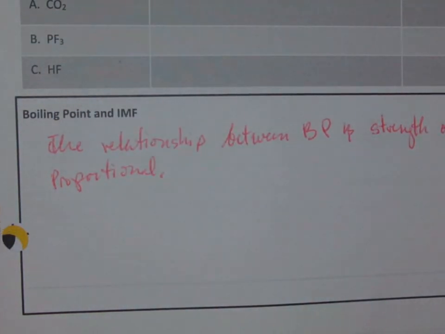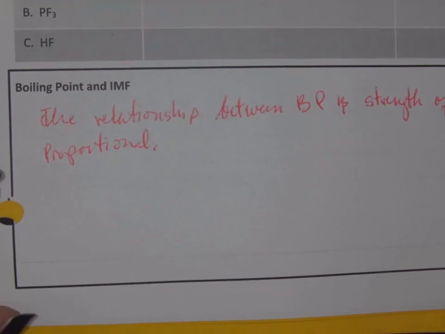You know what directly proportional means. It means that when one is big, the other one's big, and when one is small, the other one's small.